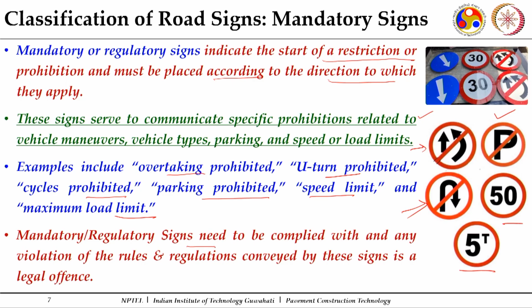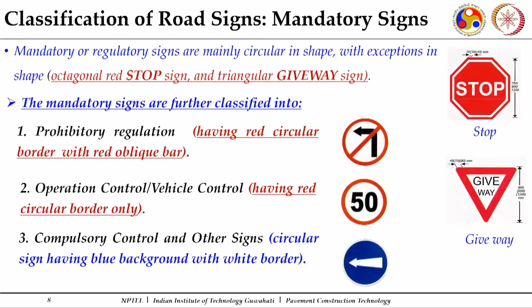So, mandatory and regulatory signs need to be complied with. This is important. We need to follow what they are communicating, and any violation of the rules and regulations conveyed by these signs is a legal offence. So, you will be penalized if you are not obeying these signs.